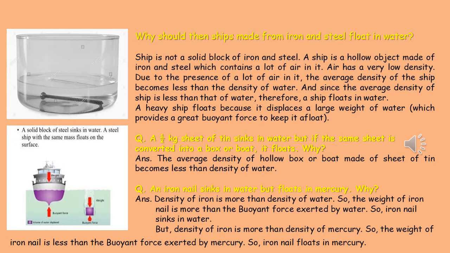We have discussed in the previous slides that when the density of the immersed body is less than the density of the fluid, then the body floats. So for floating a ship, we have to make a chamber filled with air, such that the average density of this air chamber and the body of the ship becomes less than the density of water.